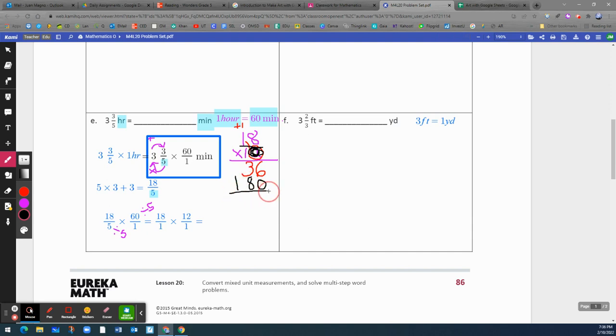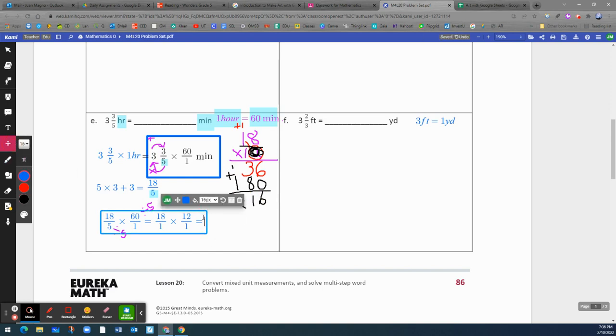And that's going to be the answer for that partial product. And then we're going to add each of the partial products, and this is 11, we carry 1 over. So the answer is 216, and that's our answer for this problem. 1 divided by 1 equals 1, and that goes below it.